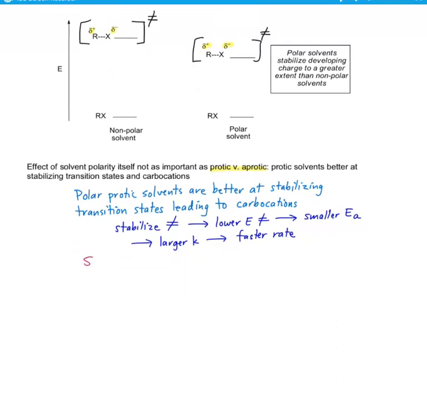The take-home from all of this is that SN1 and E1 reactions run fastest in polar protic solvents. So that's why the examples that we've seen so far, for the most part, have involved polar protic solvents.